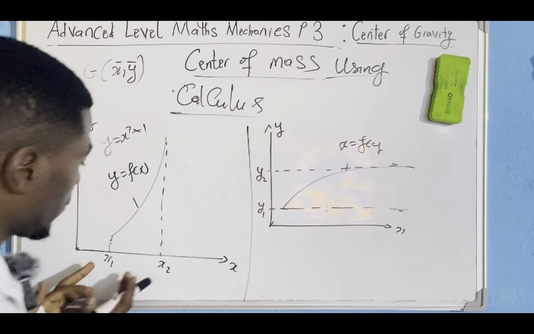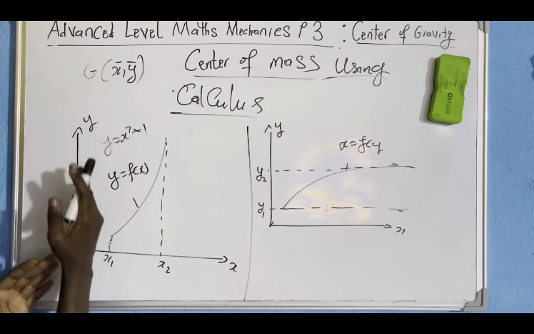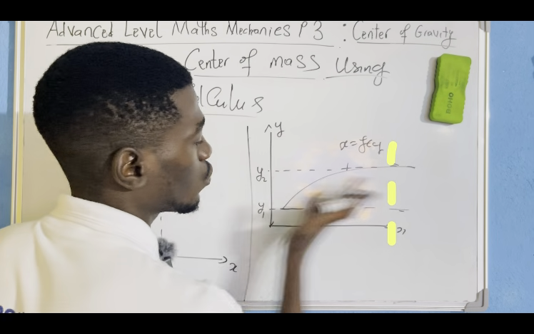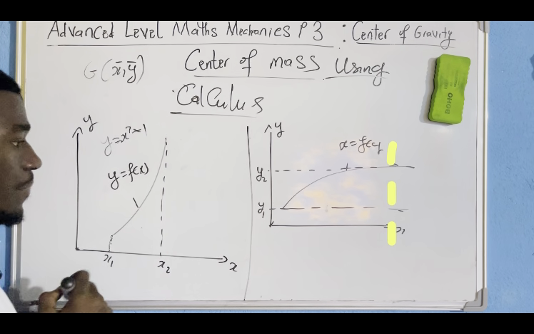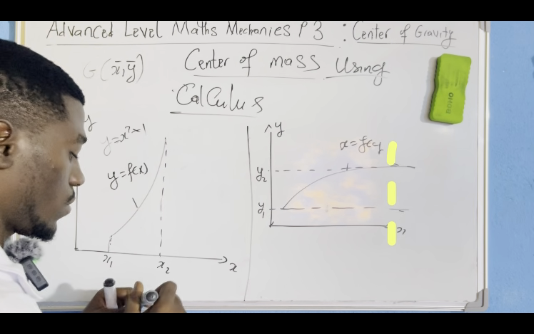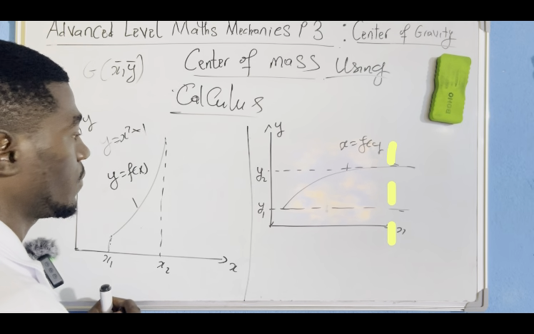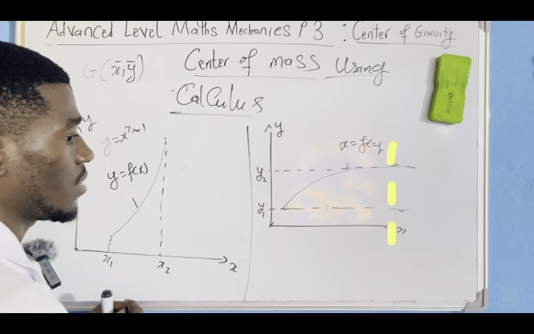You see, there's a difference here. Before, it was bounded by 2 vertical lines, but here now it's bounded by 2 horizontal lines. So you come back here. You have an x bar, you have a y bar.